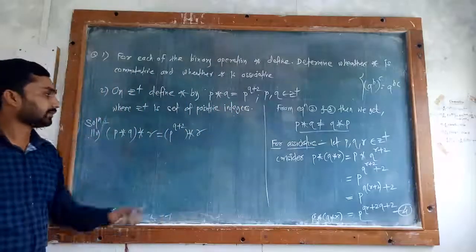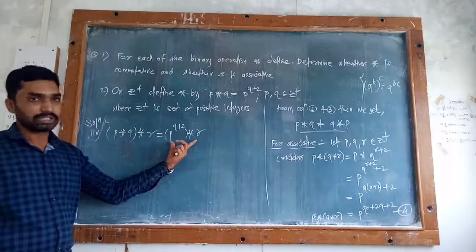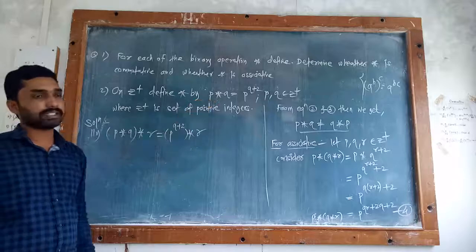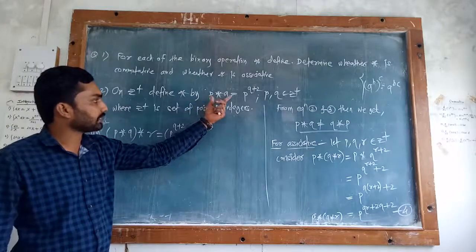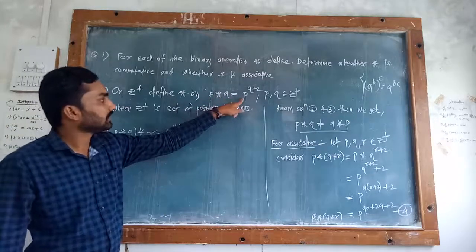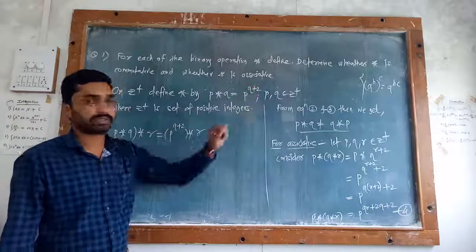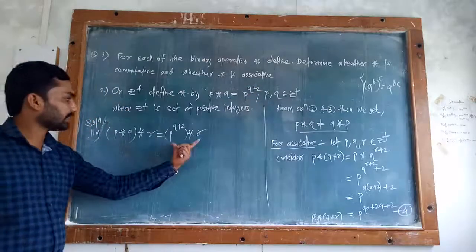Now the next step is to take star of that value. From the given equation 1, p star q means first element raised to the power of the second element plus 2. So what is star of that?